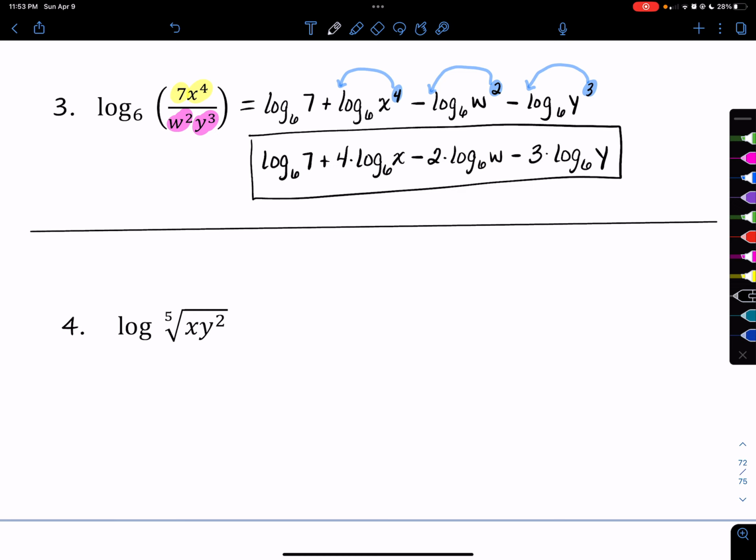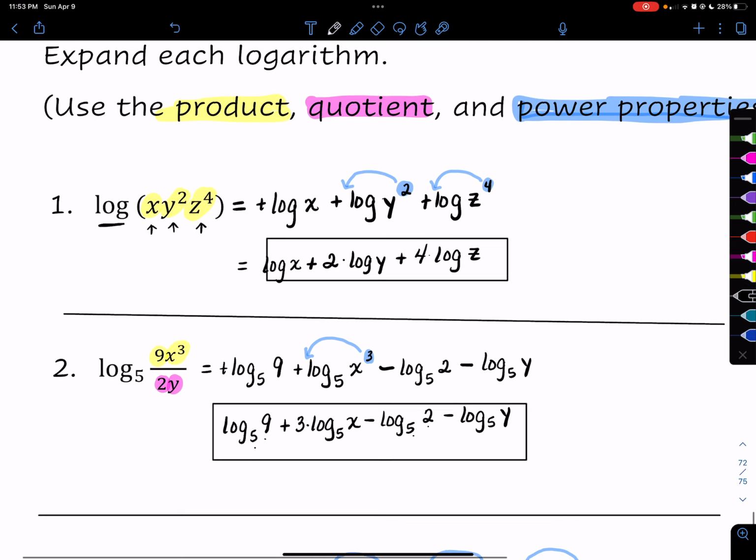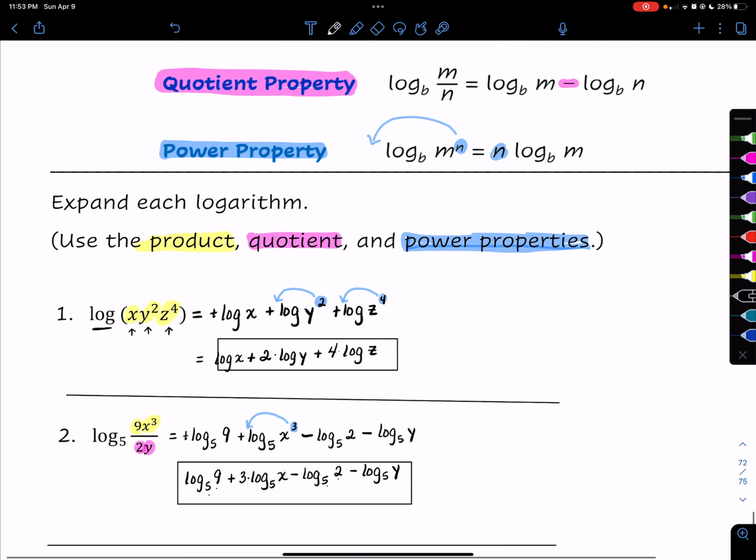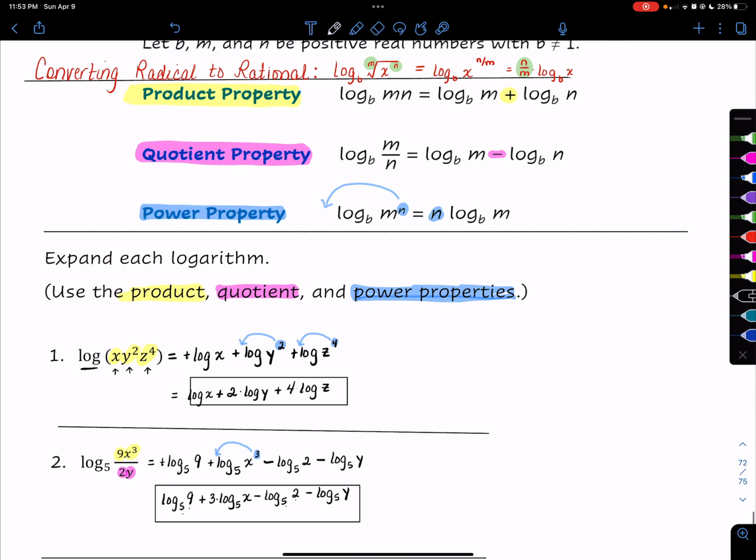Now on this one, I can see that it is a radical. Okay, so I'm going to go back to the top because I want to talk about this for a second. Every time that I've looked at these, I've looked to see if there was power property, which every one of these has had. After power property, I went and said, is there quotient property?